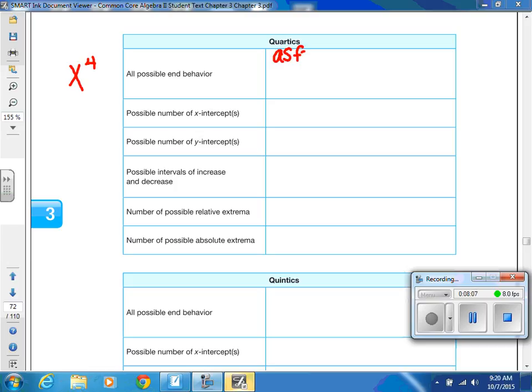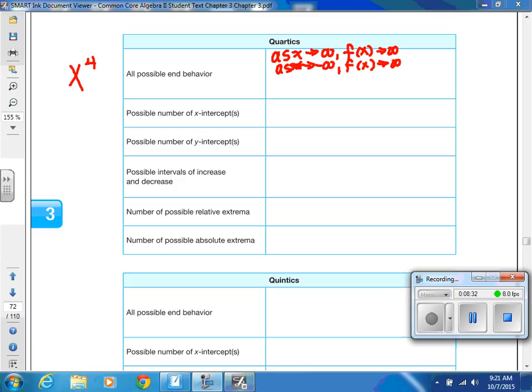So as x is approaching infinity, f of x is approaching infinity, as x is approaching negative infinity, f of x is still approaching infinity. That's for when a is positive.